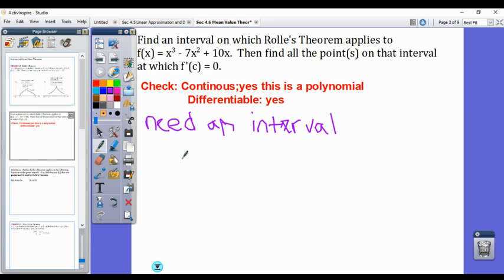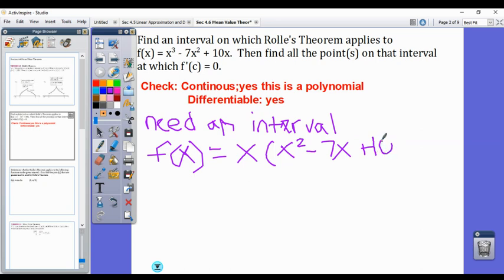Okay, so if I factor f of x, the first thing I'm noticing is I can take out an x, which will leave me with x squared minus 7x plus 10.